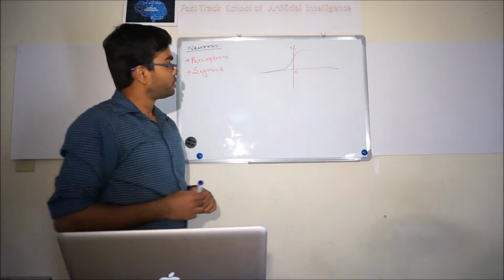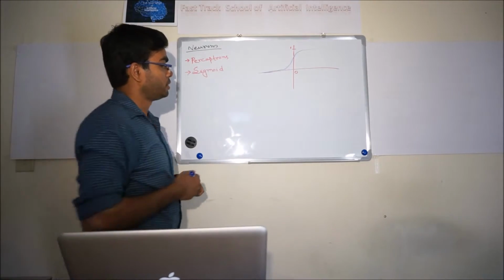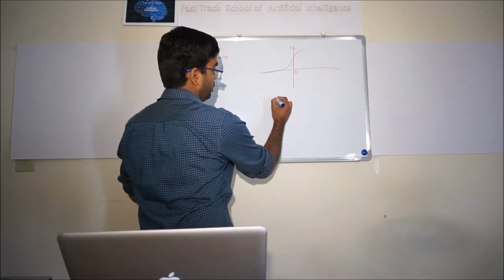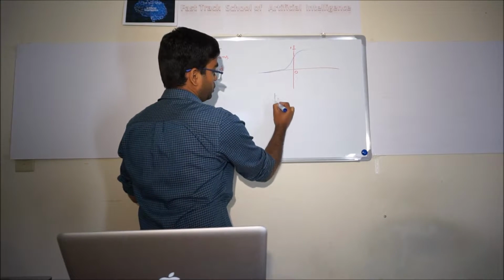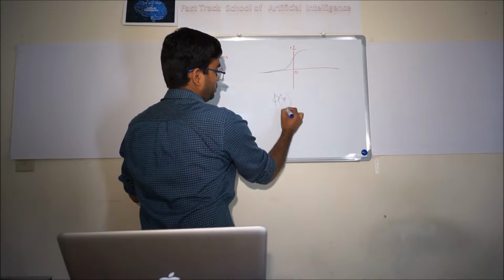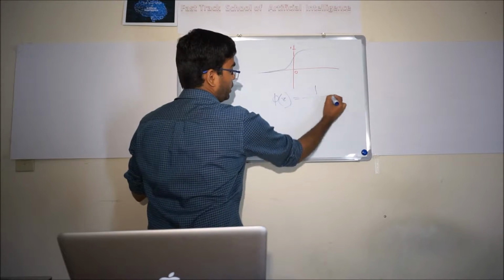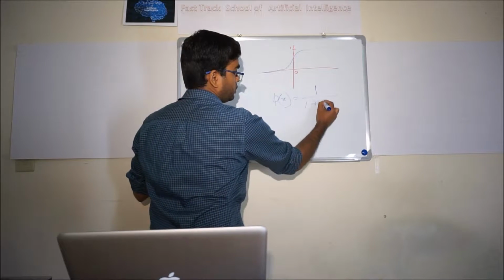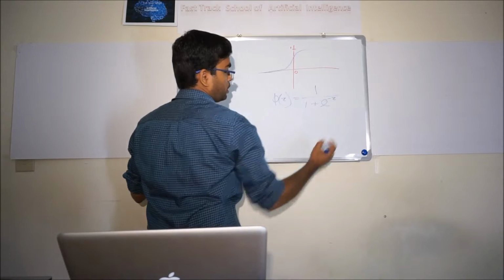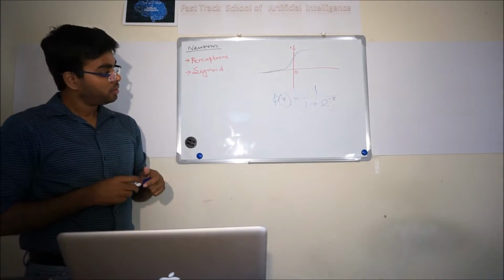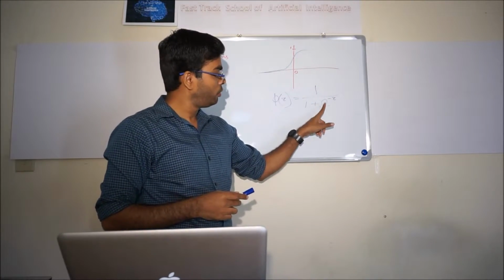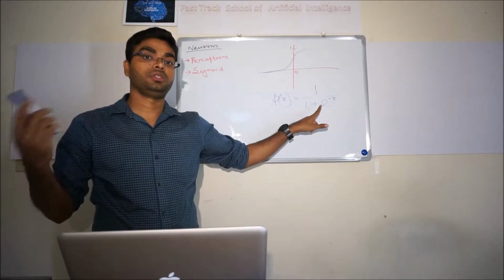So the equation for this sigmoid function is, suppose this is phi of z equal to 1 by 1 plus e to the power minus z. We'll have a practical implementation in some time.